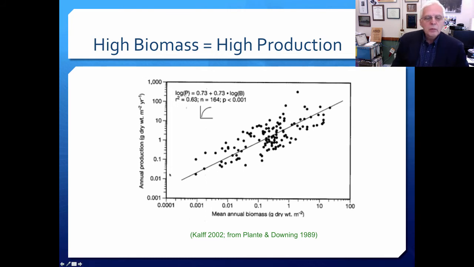Same is true, really, for annual production of various kinds of invertebrate organisms in lake ecosystems. This is the mean annual biomass, or annual mean biomass, actually, and this is the annual production. And you can see that as we have more biomass in a given place in a lake ecosystem, we tend to get much more production.